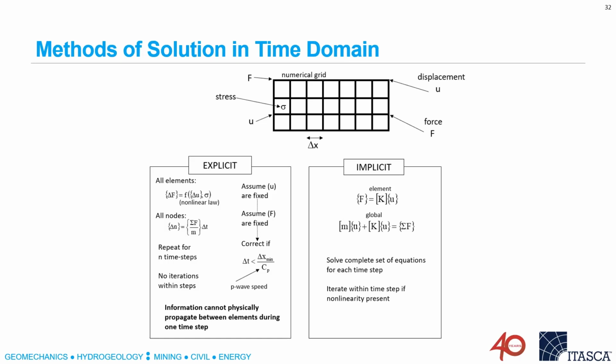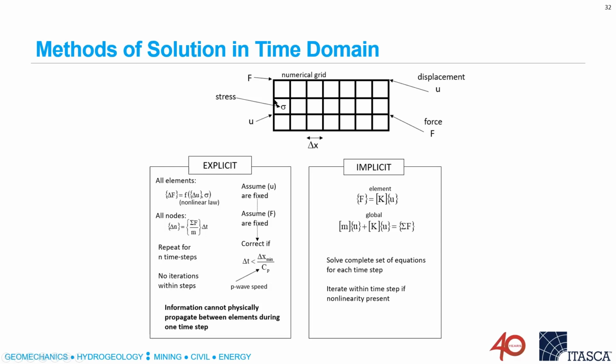Just a little bit about the differences between finite elements and finite differences. They both divide the model into zones or elements or whatever you want to call them, essentially areas or volumes. And then at the corners, we have nodes.